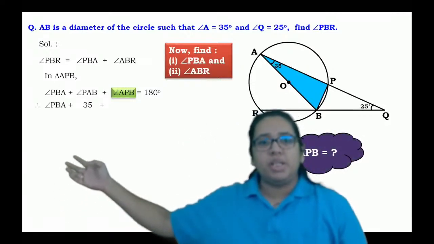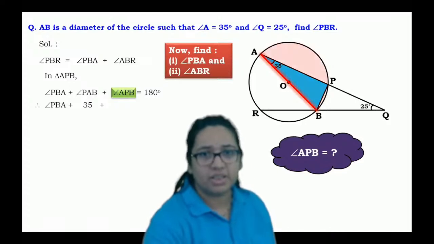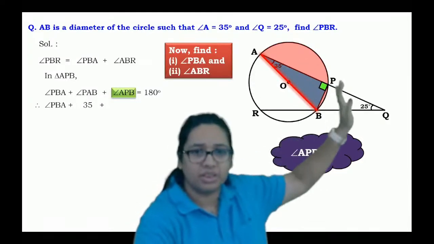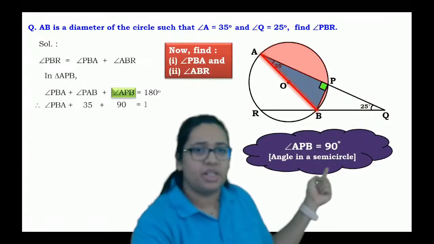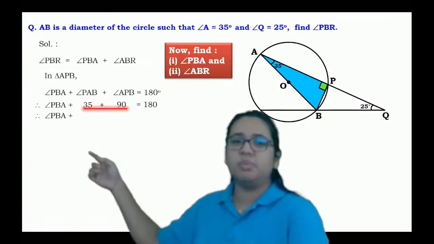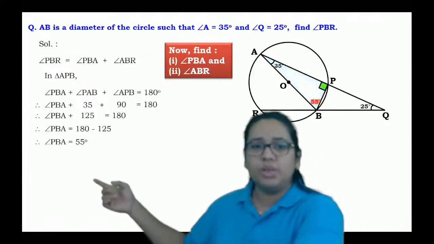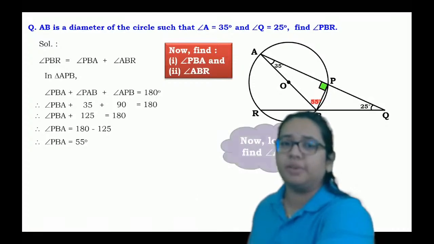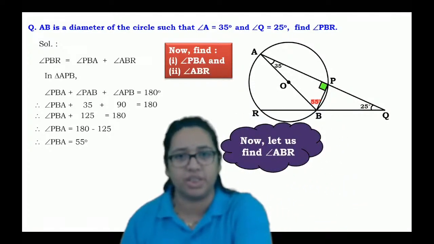So PBA plus 35 plus 90 degrees, because an angle in a semicircle is 90 degrees, is equal to 180. So PBA is 180 minus 90 minus 35. So you will get the measure of angle PBA equals 55 degrees.